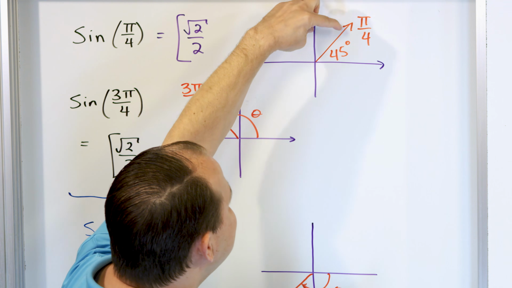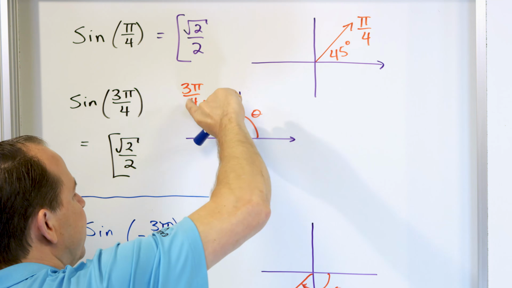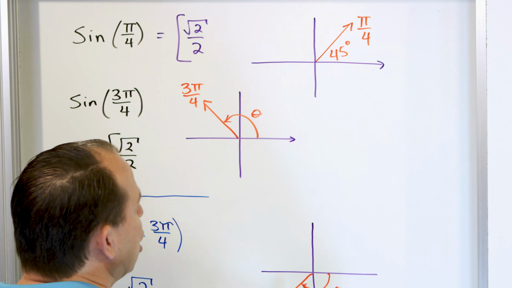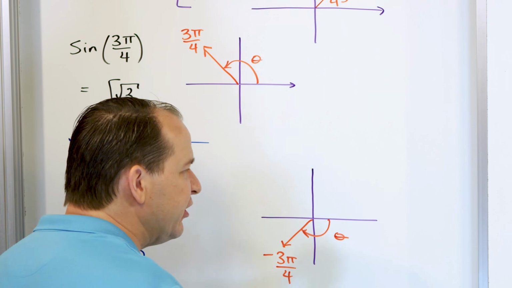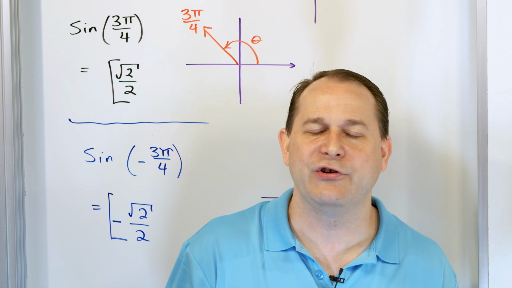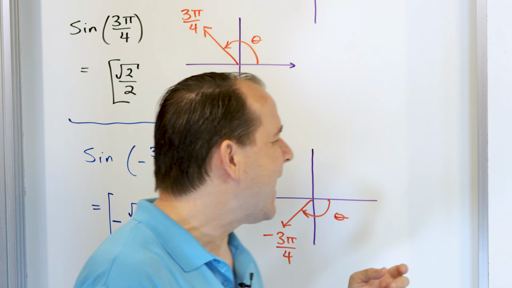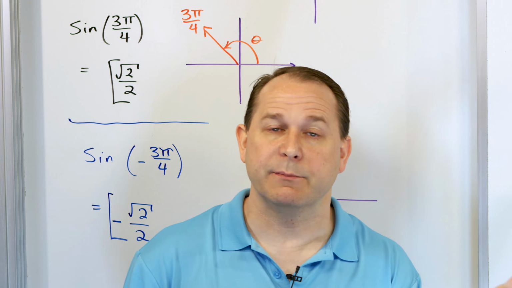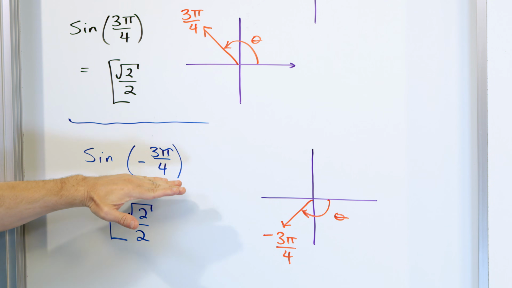In all three cases, it's the same number, square root of 2 over 2, because this thing is, relatively speaking, at a 45-degree angle all over the unit circle. So the projection here and here and here is always square root of 2 over 2. That's why we use the reference angle to figure out what the number is. But we have to look at the quadrant to figure out if it's going to project onto a negative or a positive axis.